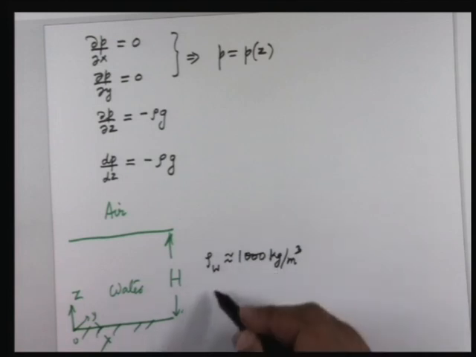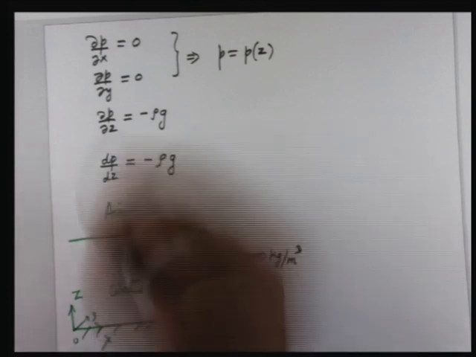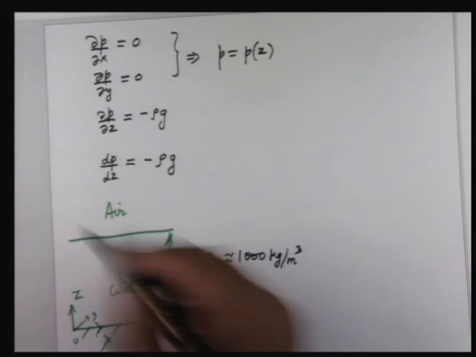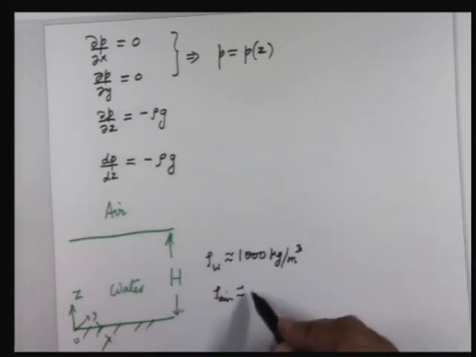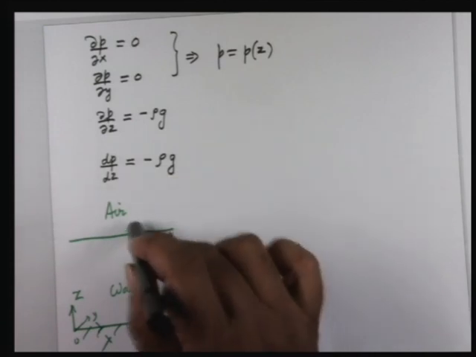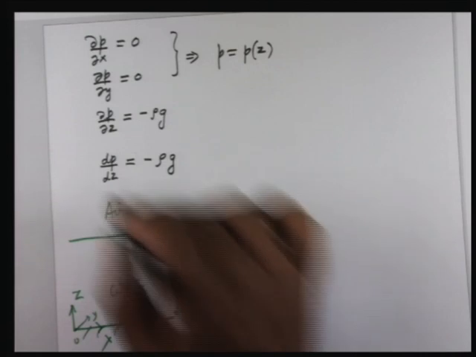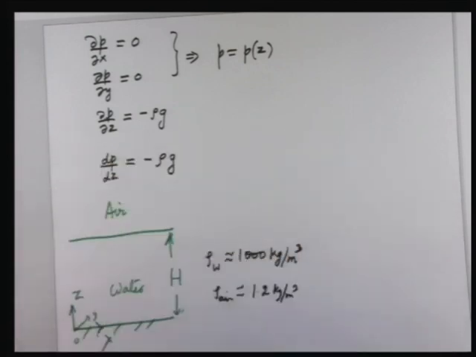Now rho of the air will depend on the conditions, temperature and pressure. So normally it will be about 1.2 or order of 1. So the hydrostatic variation of pressure with z is going to be much less in the air than in the water.